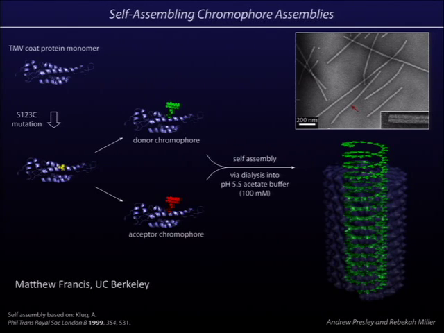In nature they wouldn't have chromophores attached to them. Also, we're more interested in the quantum properties of the chromophores themselves rather than the tobacco mosaic virus protein. The protein is really the environment for the chromophores. We're not necessarily interested in engineering the quantum properties of the protein, which is a very difficult task because it's just a large structure, but rather the quantum properties of the chromophores. Does that answer the question?